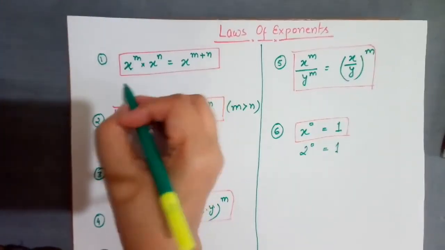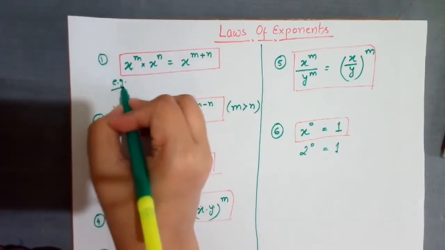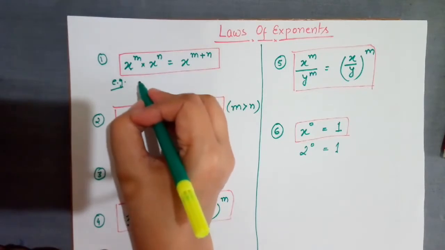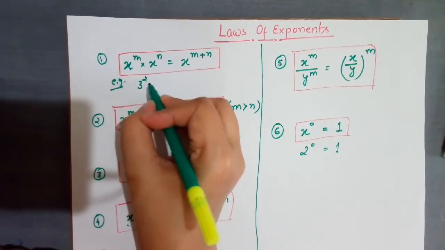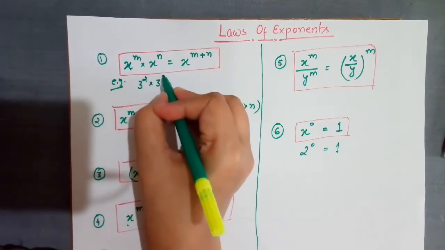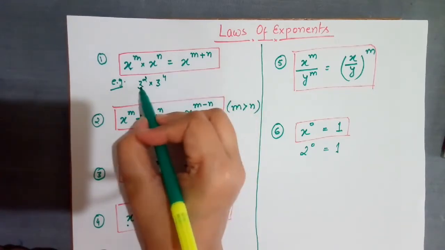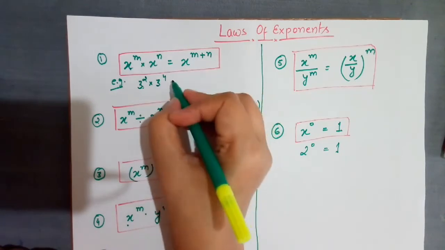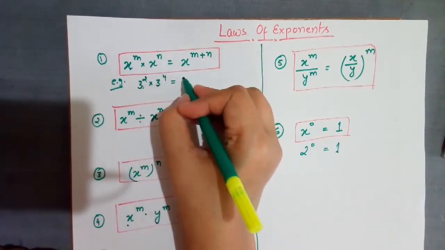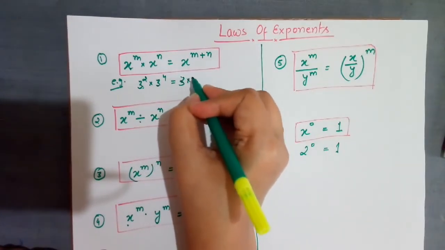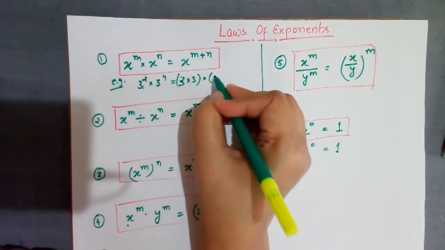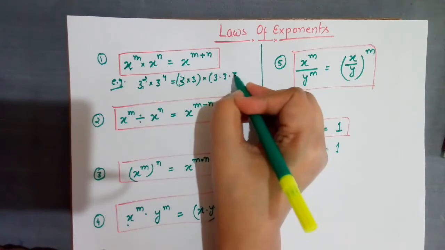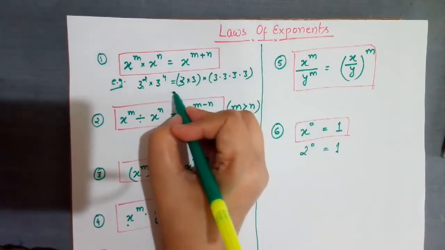See, x to the power m into x to the power n. Suppose we are taking the base as 3: 3 to the power 2 into 3 to the power 4. Here the base in both cases is the same. Now 3 to the power 2 can be written as 3 into 3, and 3 to the power 4 can be written as 3 into 3 into 3 into 3.